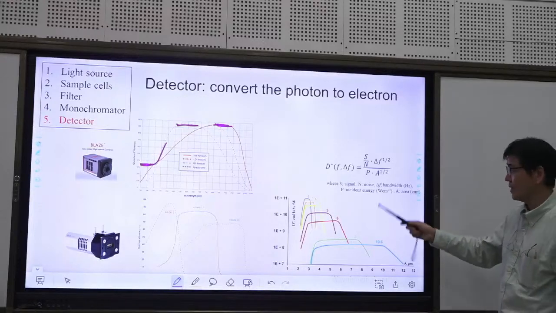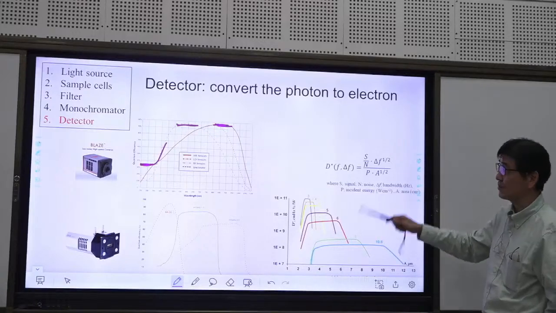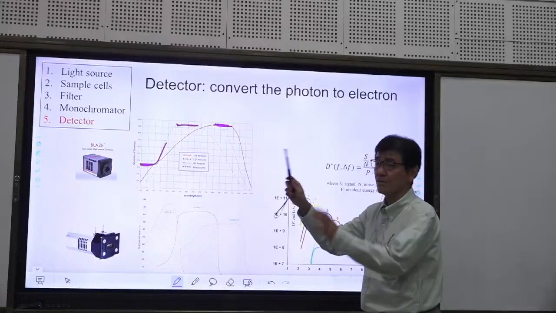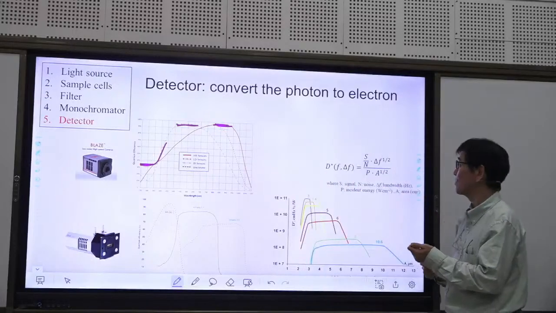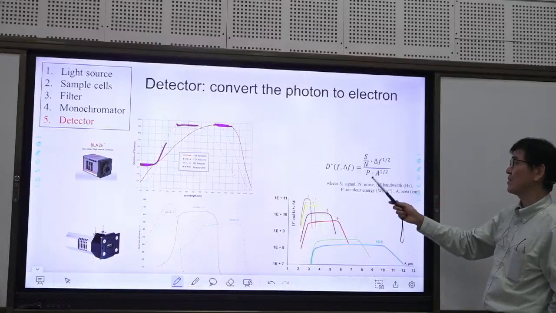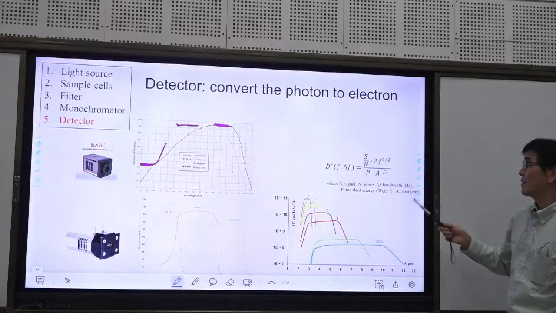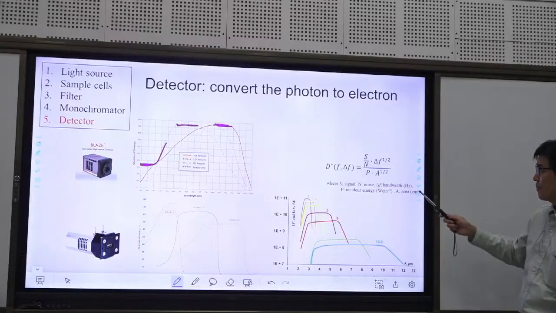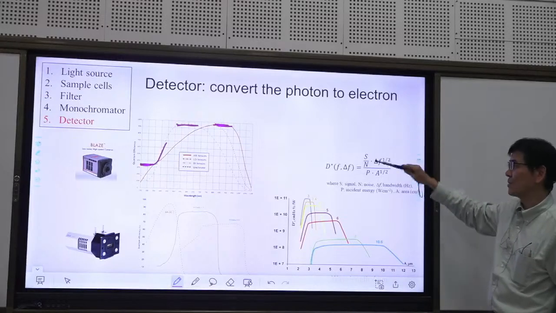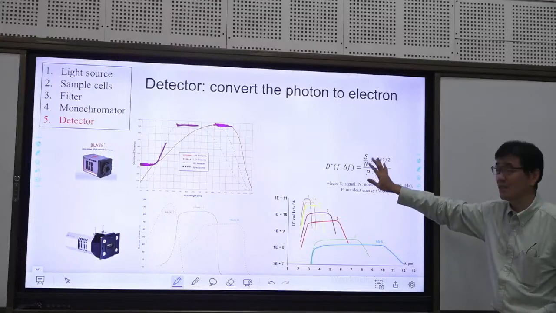And one more important parameter is the noise level. Each detector has its own noise level. One of the parameters that represents the S/N ratio is D star. But there are many parameters. I cannot cover all the parameters, so it's better not to explain only this parameter.